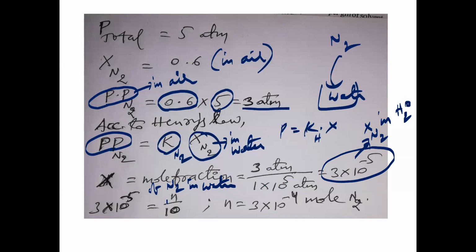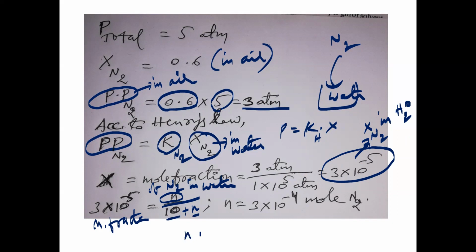Now the mole fraction formula is the number of moles of nitrogen divided by the total number of moles. The total number of moles is the 10 moles of water plus the number of moles of nitrogen.